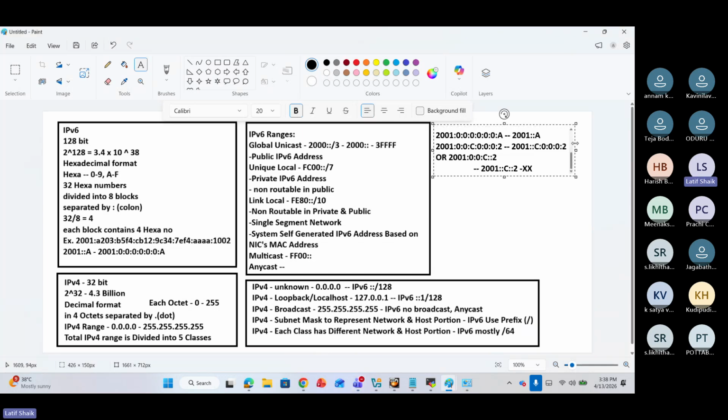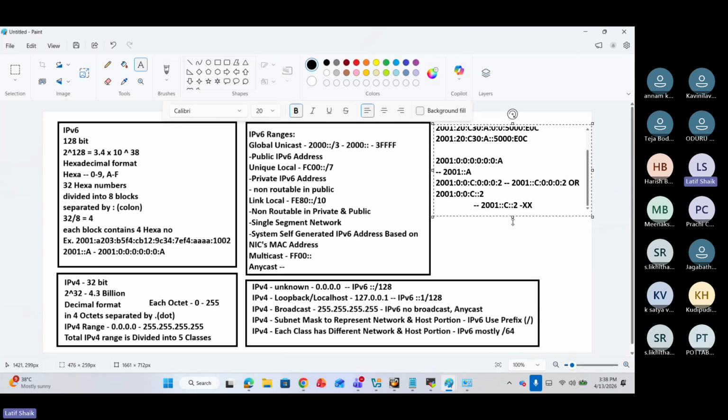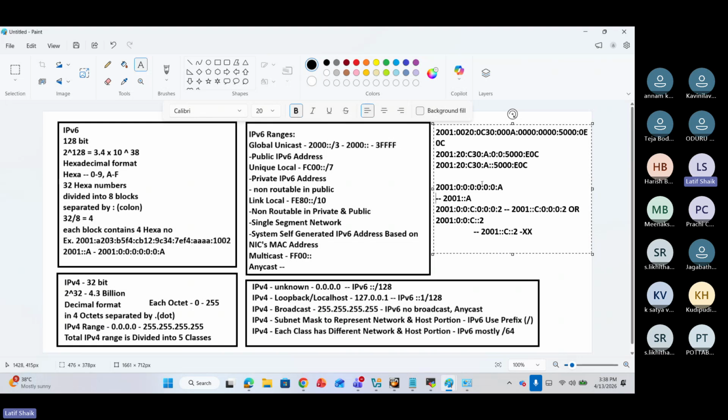So this is the IPv4, IPv6 difference, and how to rewrite the IPv6 address.